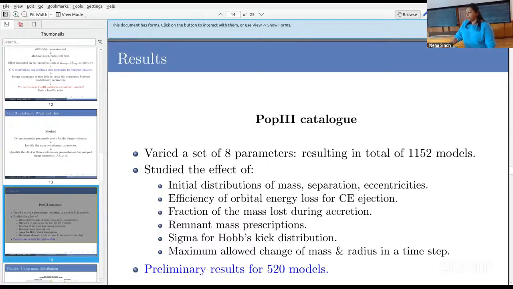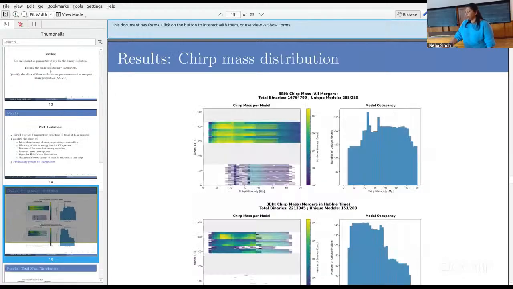So these are just preliminary results. Here I show the chirp mass distribution. Let's talk about the plot on the top. The left panel shows, okay, this is not clear, so this is the model number. This is the chirp mass, and the color denotes how many binaries there are in that chirp mass bin for that particular model.